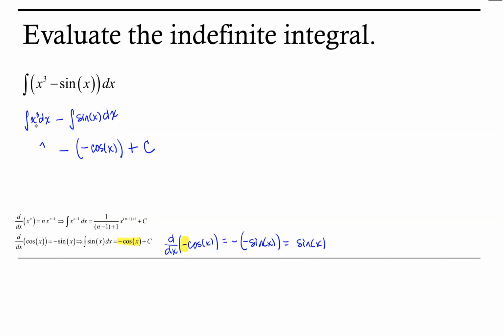We'll have x cubed plus 1, so x to the fourth, times 1 over 4, or 1 over the exponent. So our antiderivative here ends up being 1/4 x to the fourth plus cosine of x plus c.